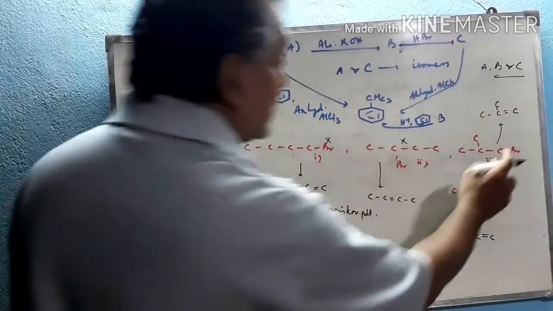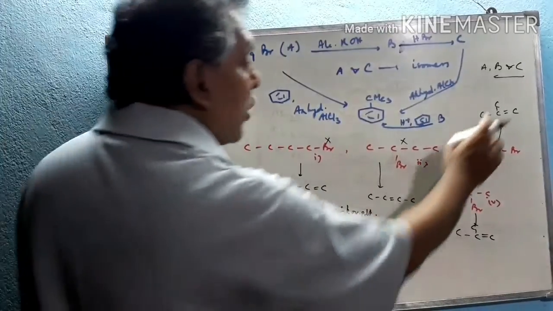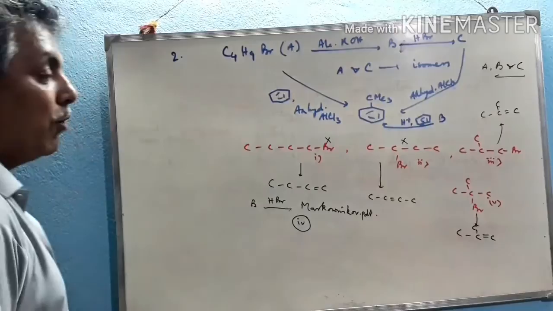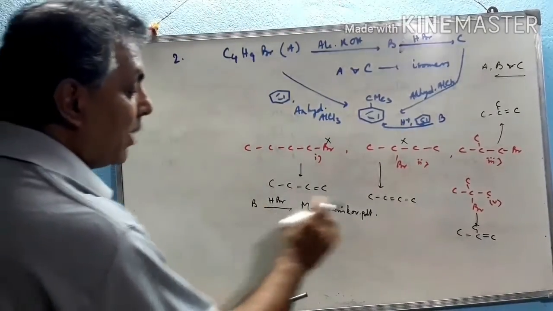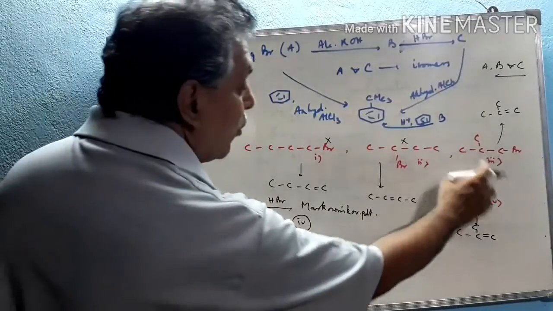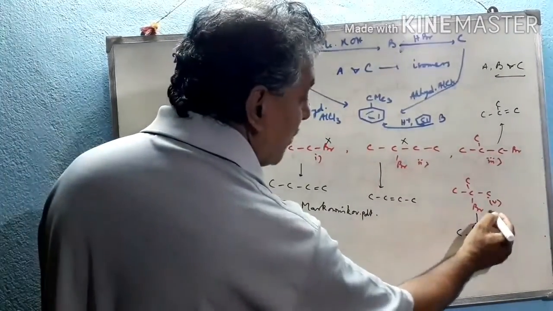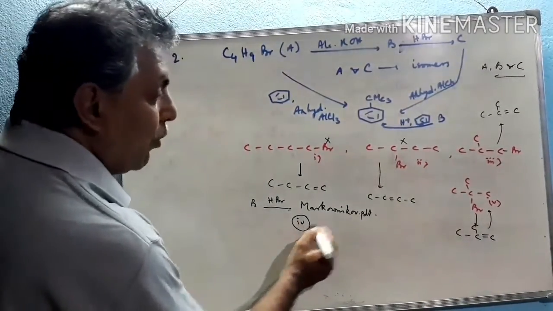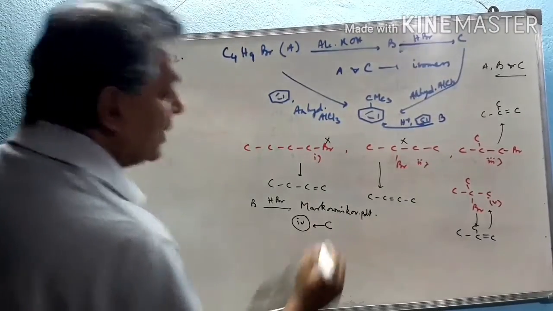So compound 3 with alcoholic KOH produces 2-methylpropene, as well as compound 4 also produces 2-methylpropene. But B gives the Markovnikov product. Here compound 4 will be obtained from this compound through Markovnikov addition. C is the Markovnikov product, so C is structure 4.